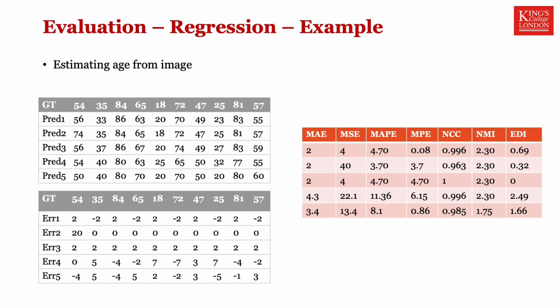And the MSE is at 4, the MAE is at 2, all good, and you see that it's exactly the same as the one that I obtain when I have an offset of strictly 2 all the time, as with error 3, prediction 3. You also see the effect of outliers in the MSE for prediction 2, because it's due to the massive difference of 20 that I have for my first sample.